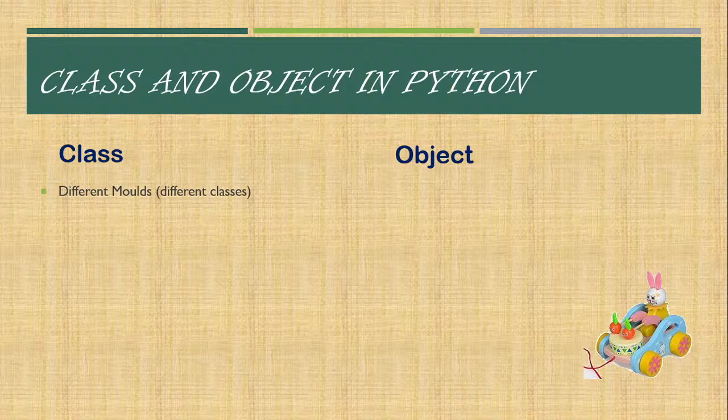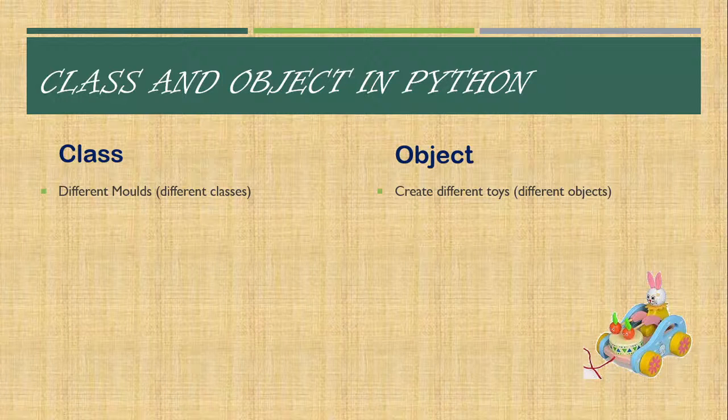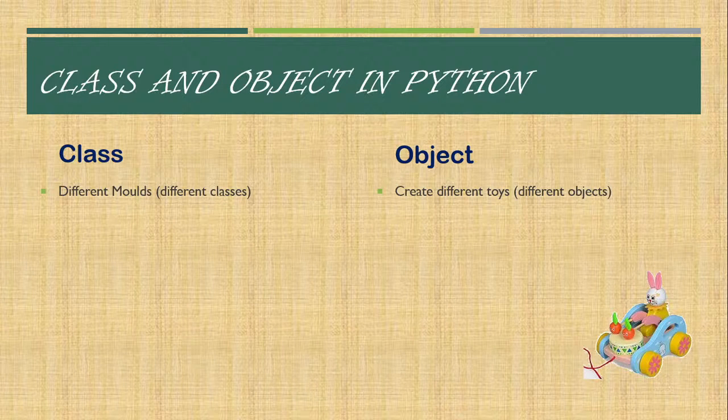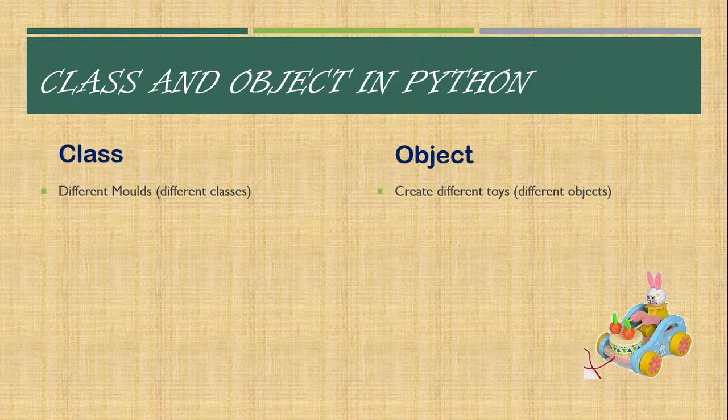So different molds can be considered as different classes, and we can use different classes for creating different types of objects. By using different molds we can create different toys.